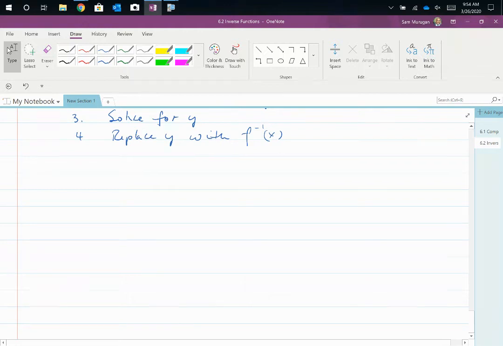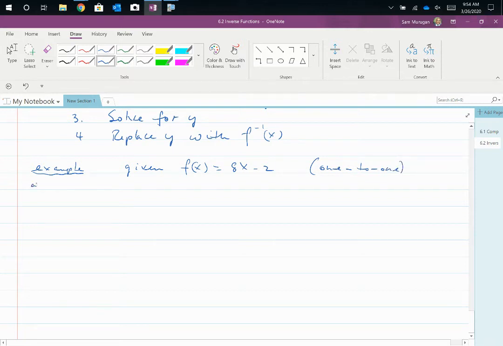All right, so I'm going to do an example here of how we're doing this. We are going to find a couple of different things here. Okay, given f of x is equal to 8x minus 2, we can already establish this is 1-to-1.